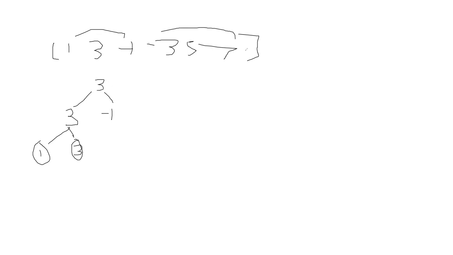Similarly, this would be the right part. We'll start with 3, 5 and take the maximum of it, which will be 5. And while taking 3, 5 and 7, we'll have 7 as the max, and then all of these would have the max 7.